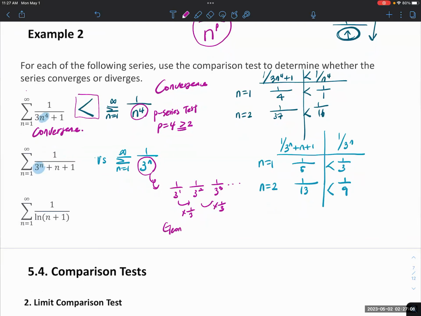This is a geometric series. So the formula is a over 1 minus r. The first term is 1 over 3, and the common ratio is also 1 over 3. So 1 over 3 over 2 over 3, so we have 1 over 2.